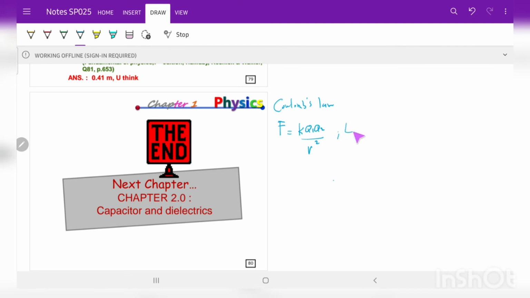From here we can deduce E equals F over Q naught. Here we get the formula kQ over R squared. Then V equals W over Q naught, the potential difference. And next the formula for V is kQ over R.